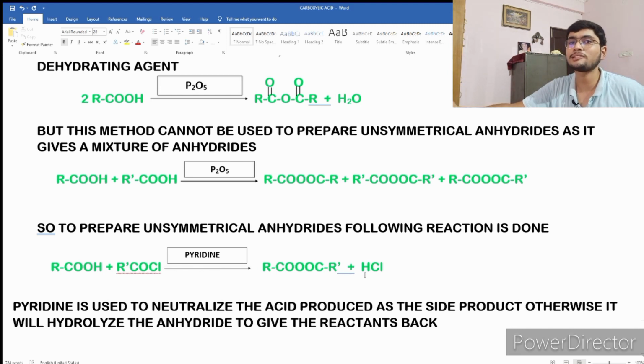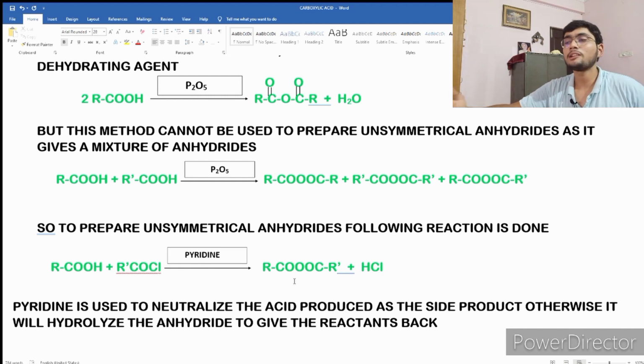We need to neutralize that acid, because if we do not neutralize the hydrochloric acid, then this anhydride will undergo hydrolysis from this mineral acid, and we will get the carboxylic acid back. I am repeating it again, the anhydride will undergo hydrolysis with hydrochloric acid, and we will get the carboxylic acid back.